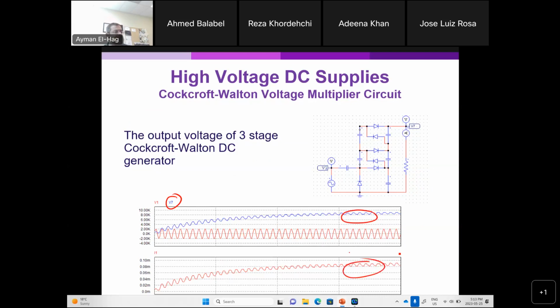Now, those supplies have a very, very limited current capacity. To be able to deliver high current, you have to have a bit of a different design. But again, what we are testing here is insulation, so it's expected that the current will be less.